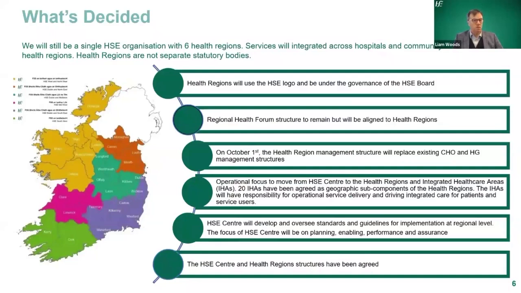They include representation from local councillors to give an input into health. And the groups and CHOs as of last October 1st have been stood down, and the new structures for integrated health areas stood up. The HSE Centre is also changing, and its role is moving to more planning, enabling, performance and assurance, and so not operational, with a couple of exceptions in areas like screening and indeed PCRS and National Ambulance Service.